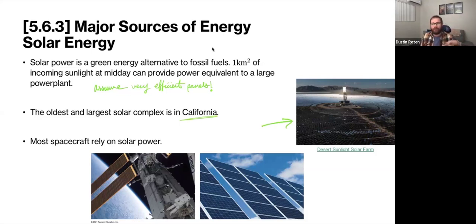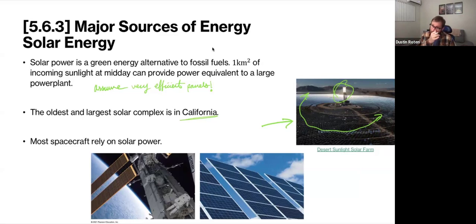What happens is they put out all these mirrors, and you can see the mirrors here. Essentially all these mirrors redirect sunlight into the central tower, and they use that sunlight to power generators. If you see this on a very bright day from an airplane, it is very bright. I've seen it myself. It's blinding, even from that distance in an airplane. It's insane.